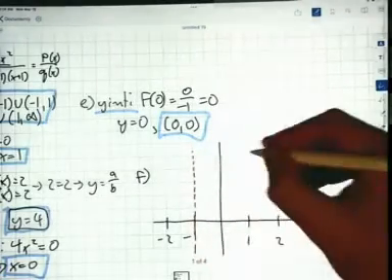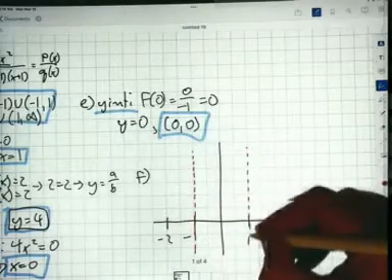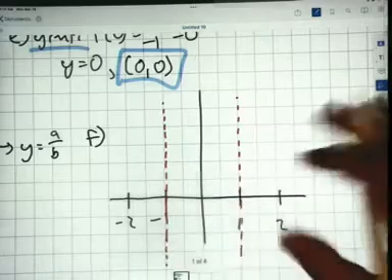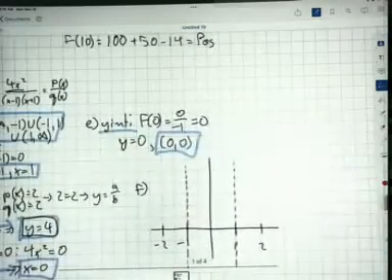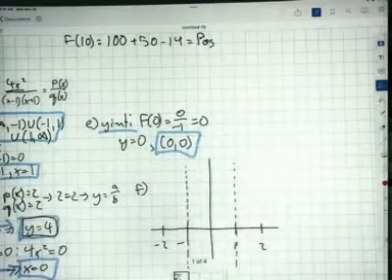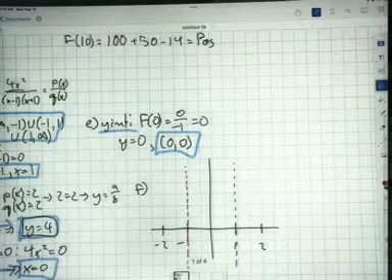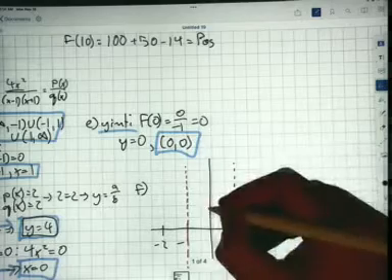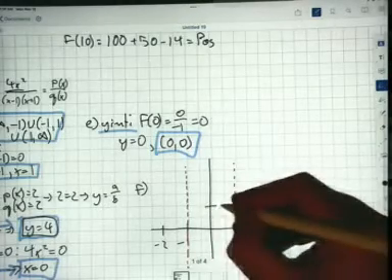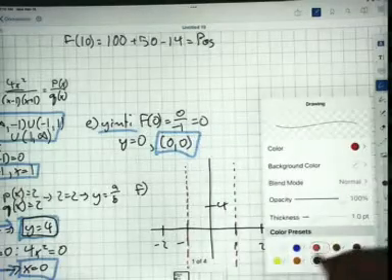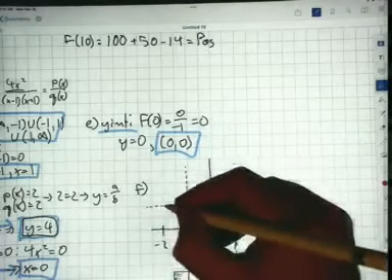Since I have a color option, I'm going to do red. Okay, and we have a horizontal asymptote at 4. Now, you can scale your graph however you want. I'm going to put 4 right here. And there's my horizontal asymptote.